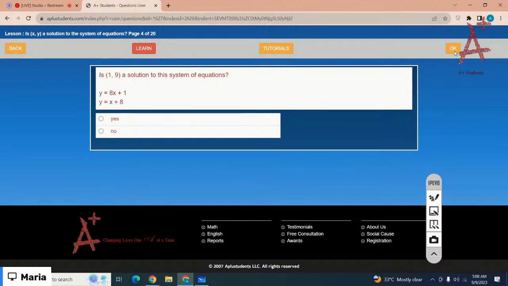Which is the correct option? The correct option is yes, that is the solution of the system of equations.